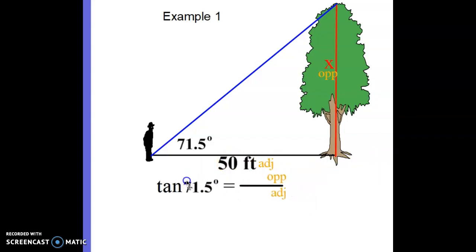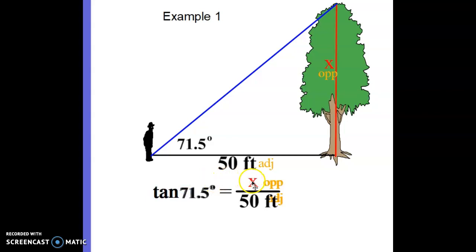Therefore, we will have tangent, O and A, TOA. And when we plug in all of our numbers, we have x, the opposite, over the adjacent 50.